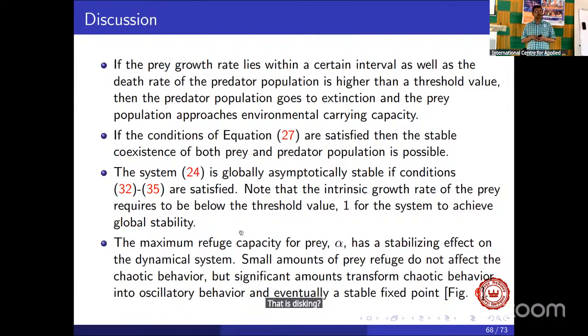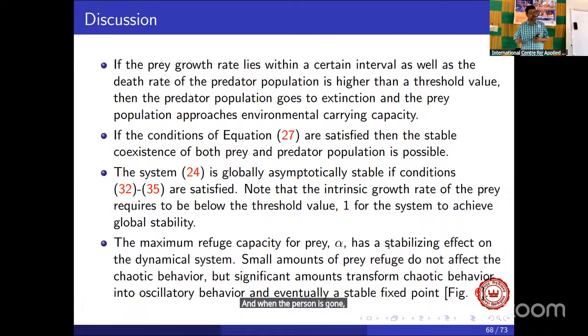Take the malaria mosquito. They are not so numerous in the air, but with the seasonal effect, before monsoon and after monsoon, they are high. And when the monsoon is gone, this is reduced. That means they are scattering.